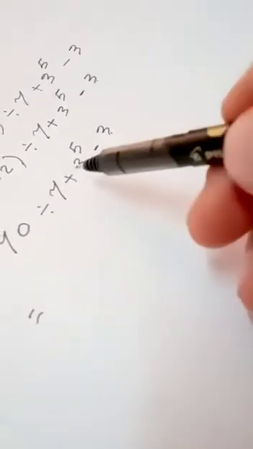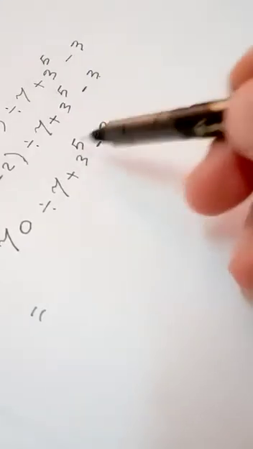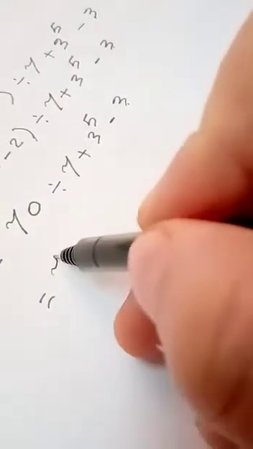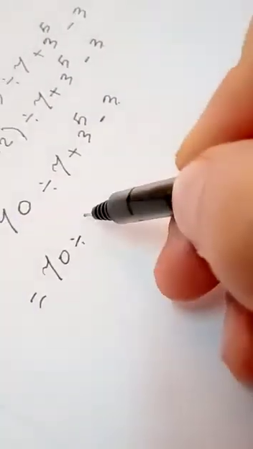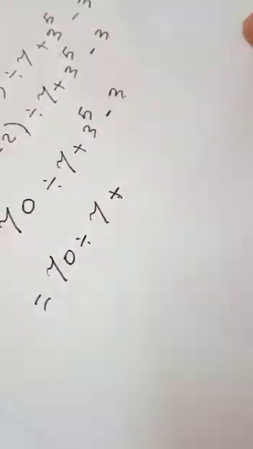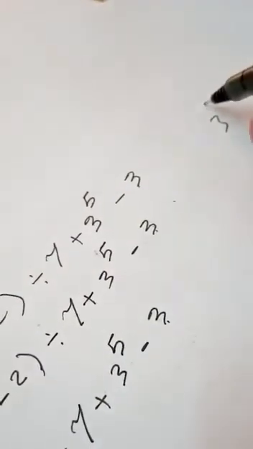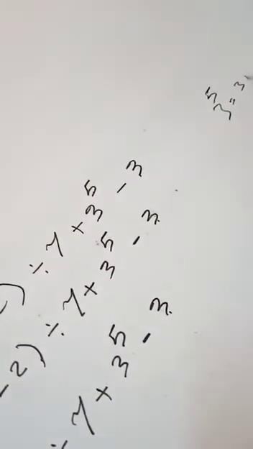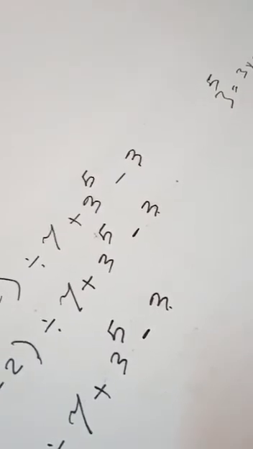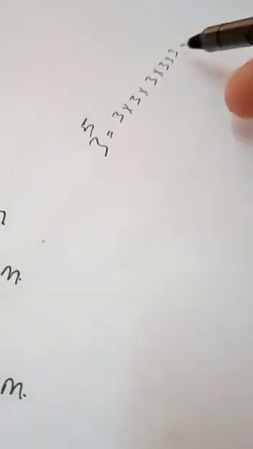Now 70, we have divide, plus, exponent, and minus. The order of operations is for what? For the exponent. So we can write 70 divided by 7 plus 3 exponent 5. 3 exponent 5 means 3 times 3 times 3 times 3 times 3, 5 times.